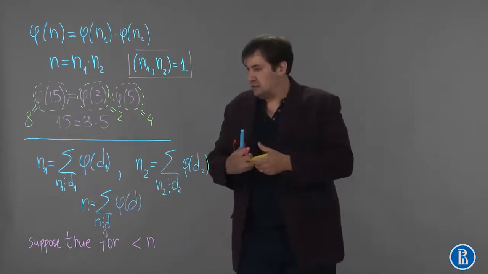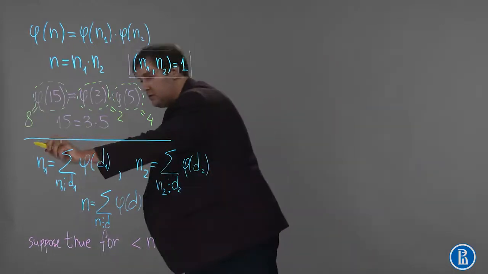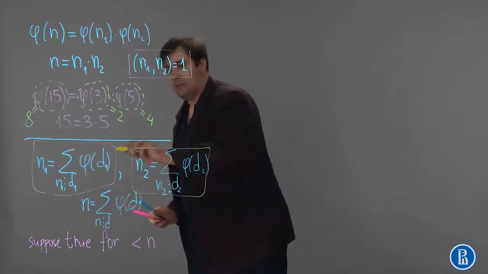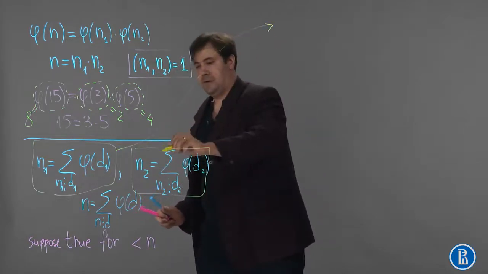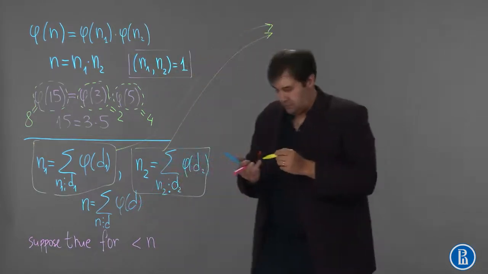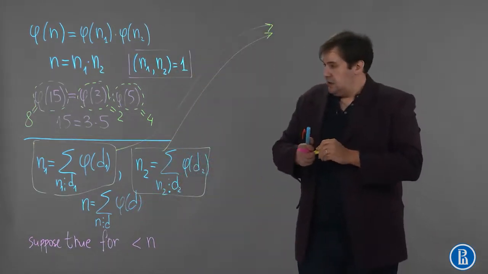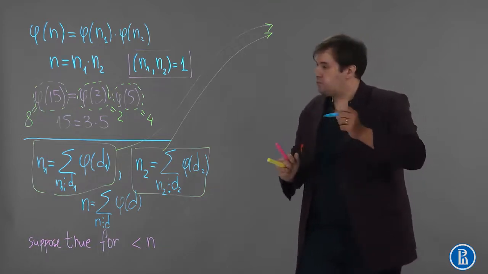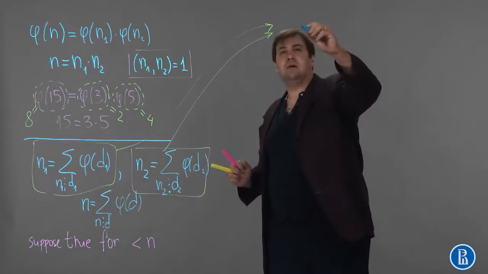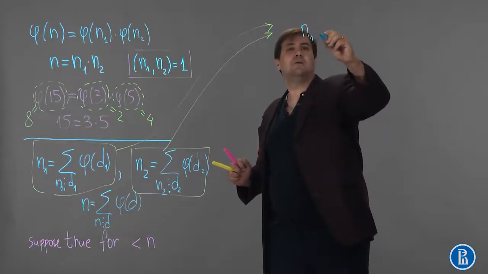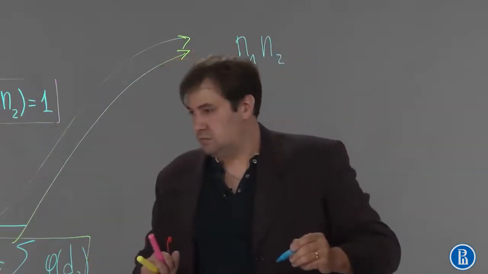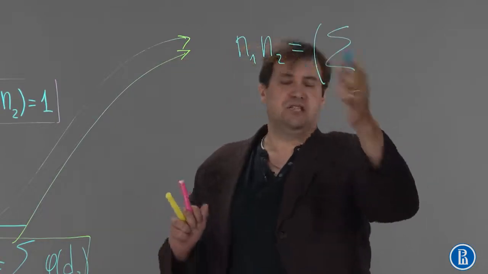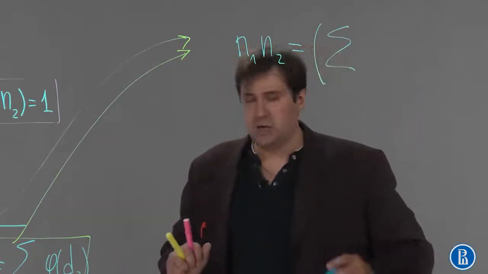Well, we take these two equalities and multiply them. So n1 multiplied by n2 is equal to, well, I'll just write it, and I think I don't need to read it.